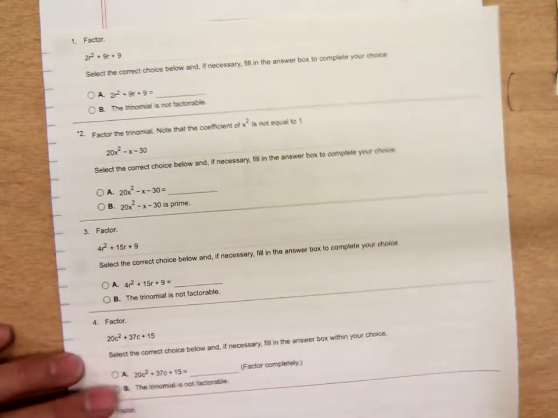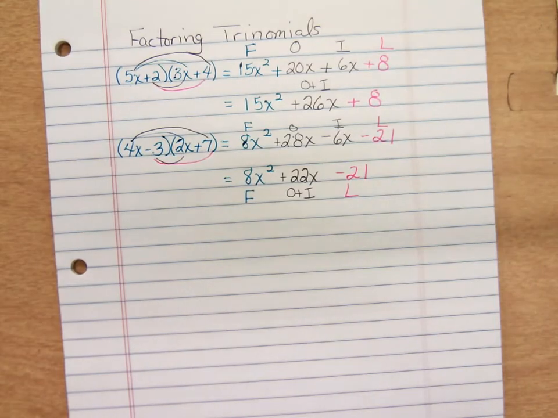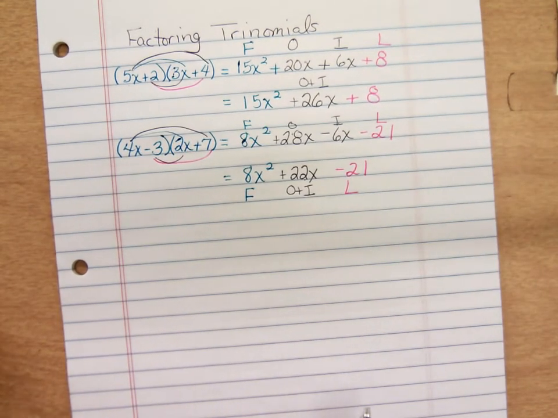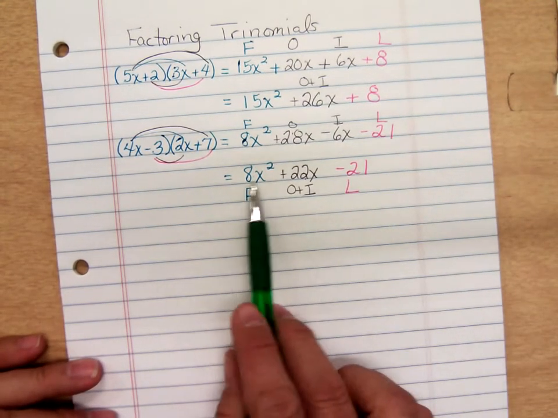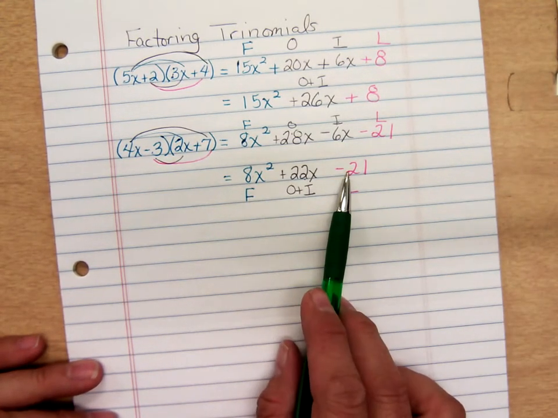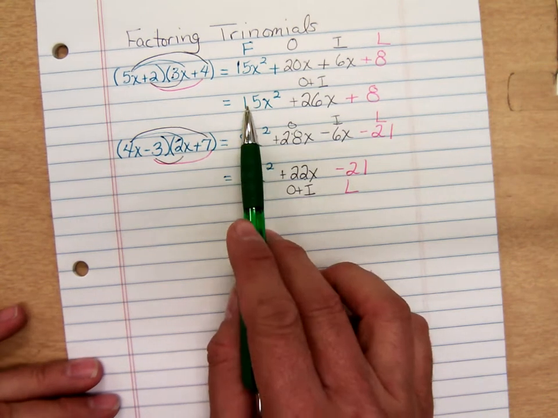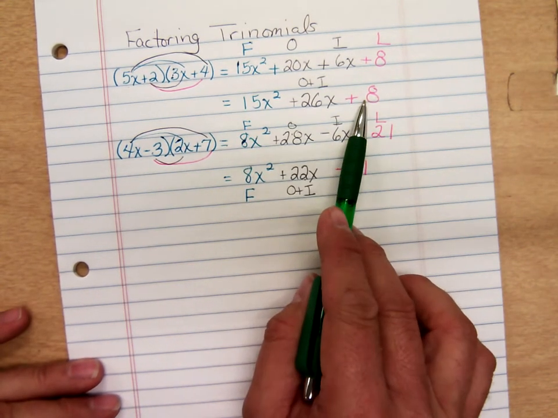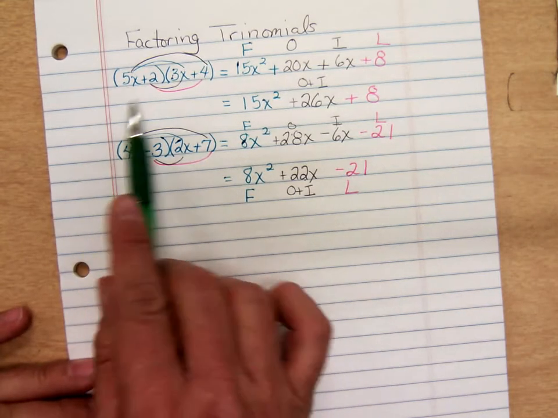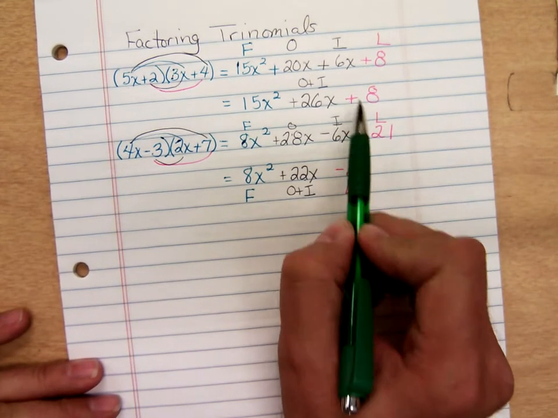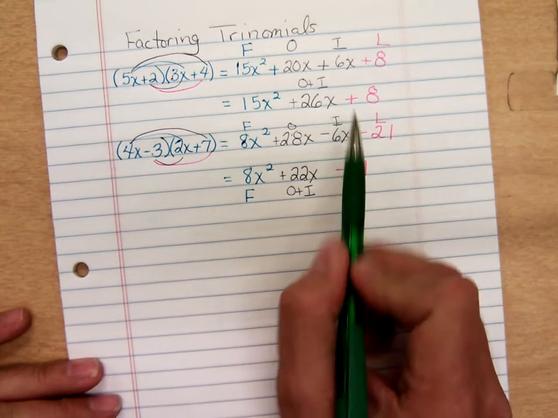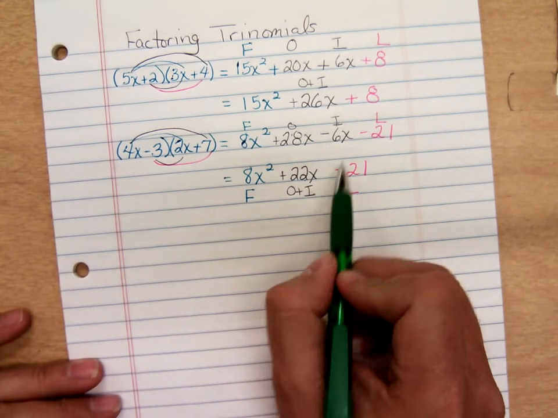Okay? So let's make some generalizations. If you're going backwards here, if you're going to start off with 8x squared plus 22x minus 21, or 15x squared plus 26x plus 8, and you're going to go backwards to the two sets of parentheses, there's something about this second sign here, okay?